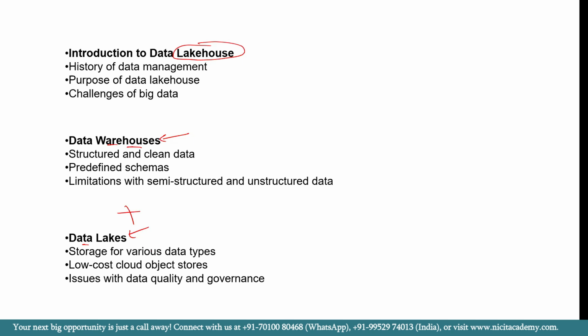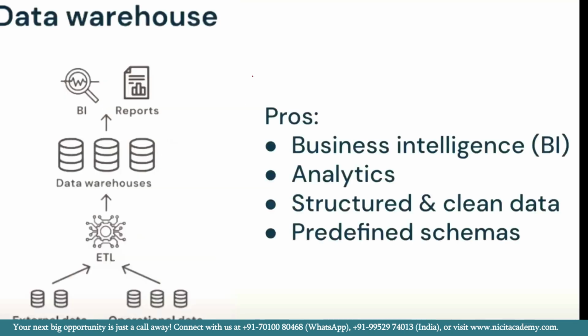All right, so let's go here and understand the data warehouse. In a data warehouse, we have data available and we use it for an ETL process, and it lands in the data warehouse. From this data warehouse, we can create some outputs. What are the pros of using a data warehouse?